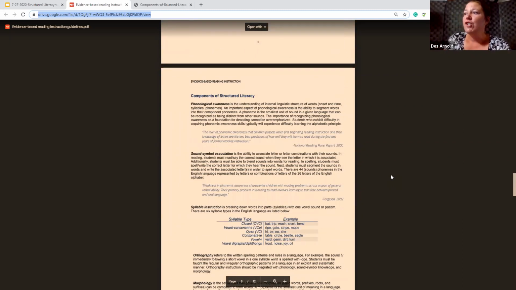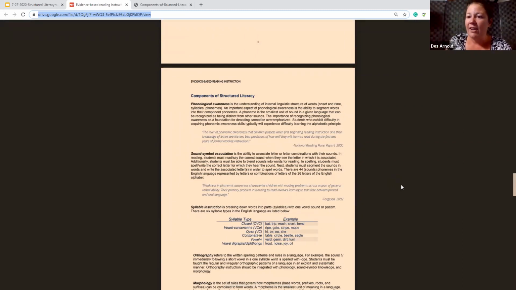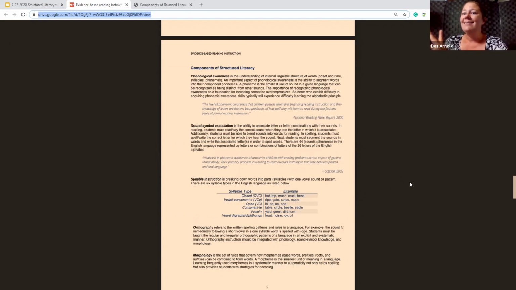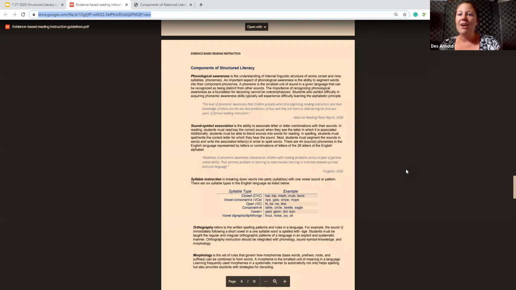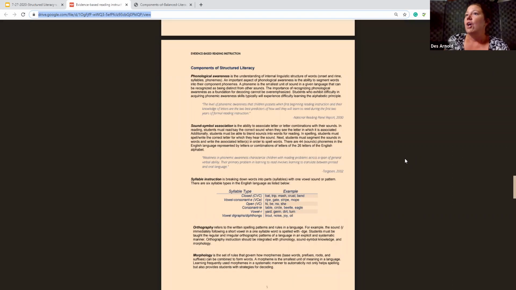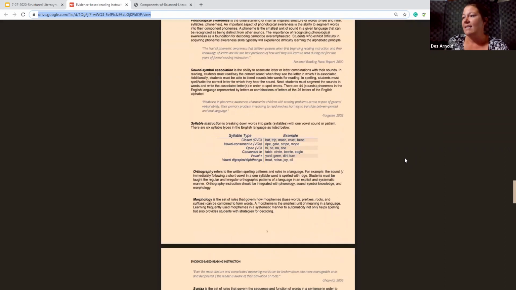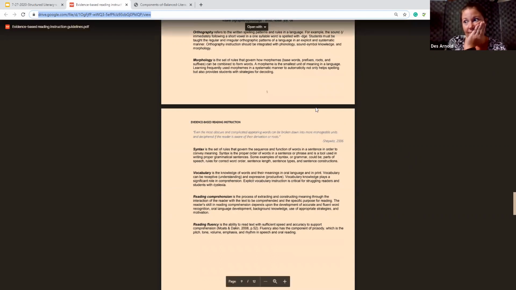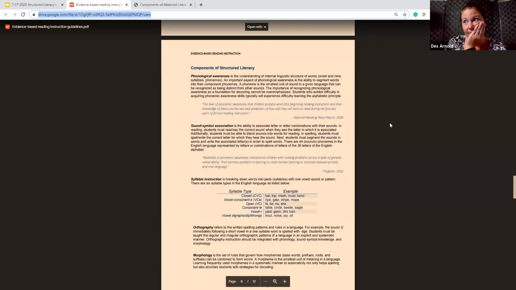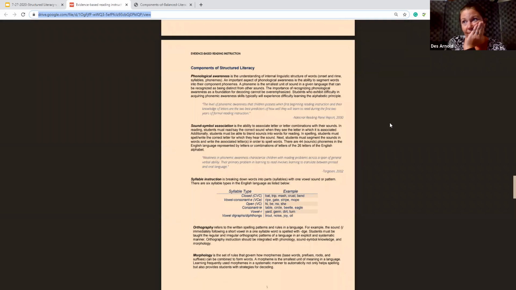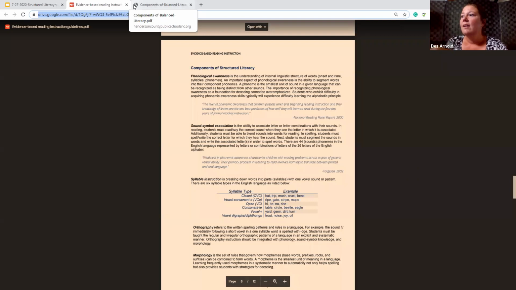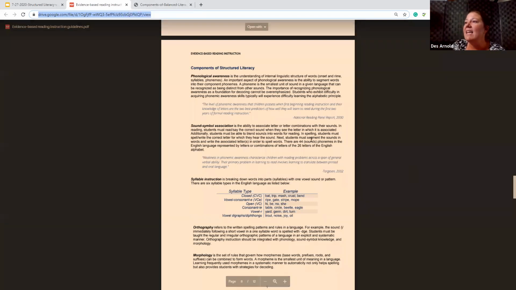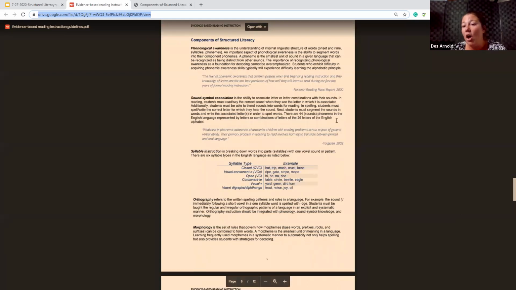So the components of the structured literacy are not laid out in the exact same manner as the last document, but it's much clearer in that we are saying the component is phonological awareness. I was making a connection that when we're looking at the structured literacy, we have touched on all of the big five.